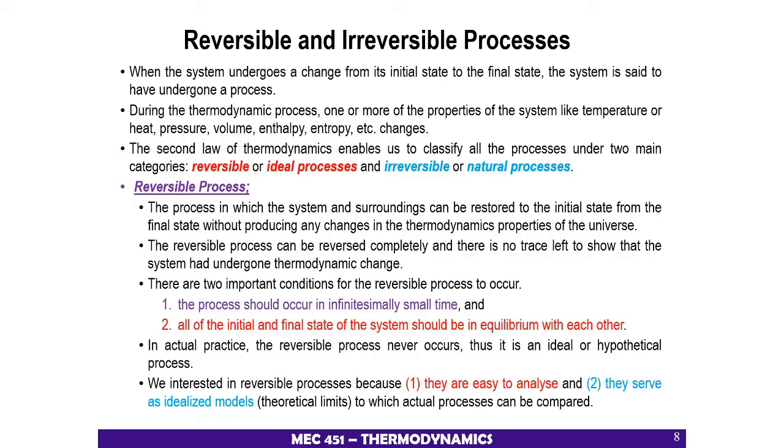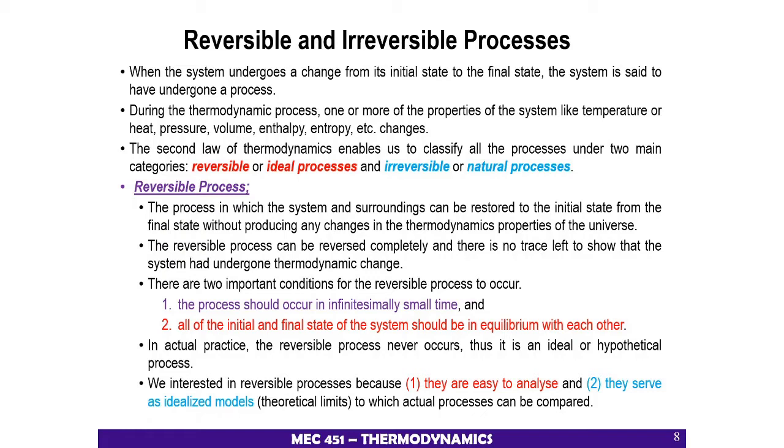There are two important conditions for the reversible process to occur. One, the process should occur in an infinitesimally small time. And two, all of the initial and final states of the system should be in equilibrium with each other. In actual practice, the reversible process never occurs. Thus, it is an ideal or hypothetical process.